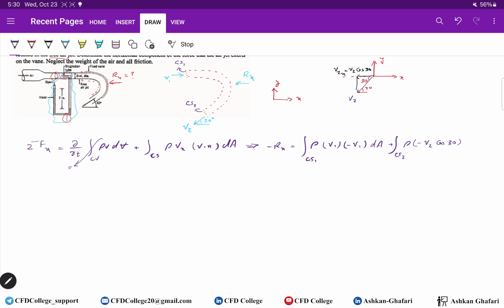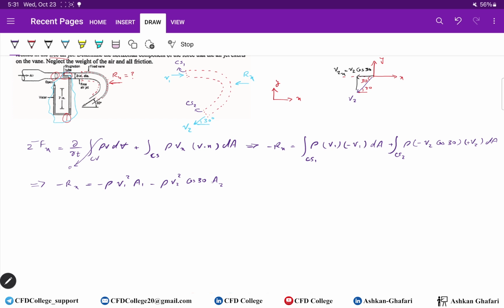V dot n, we have outlet, and at the outlet we should use positive sign, and the magnitude, which is V2 dA. Okay, now what we have is minus Rx equals minus rho V1 square A1 minus rho V2 square cosine of 30 A2.